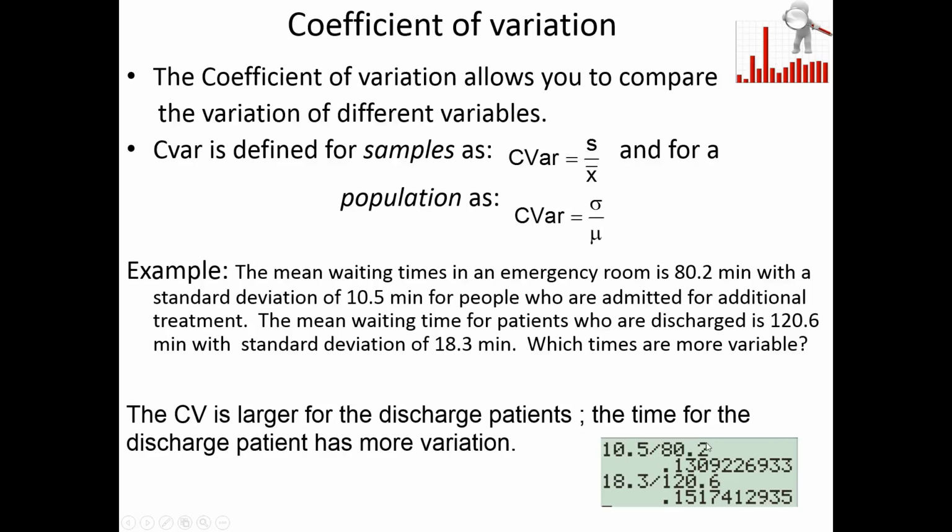So for the patients that need more treatment, the coefficient of variation is smaller than for patients who are discharged. So there is more variation for the patients who are discharged, because this coefficient of variation is a bigger number. It's 0.15 as opposed to 0.13.